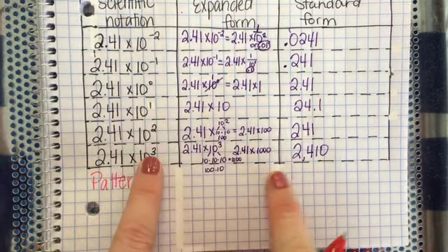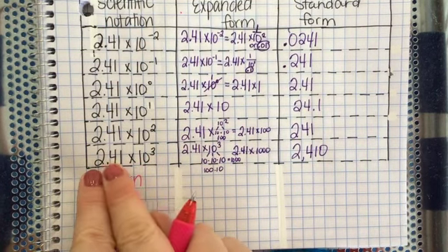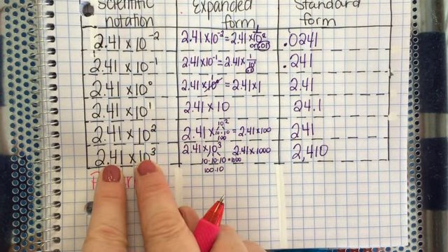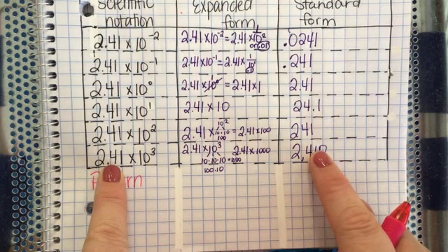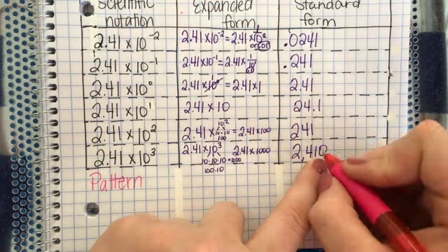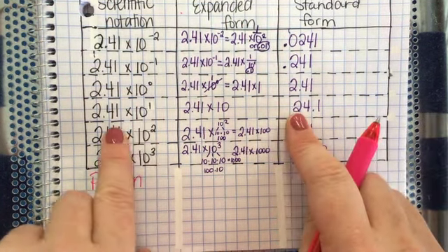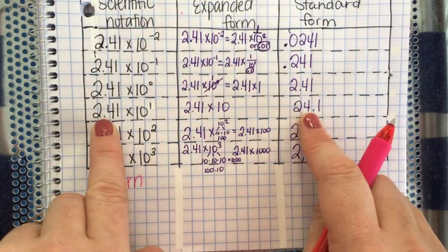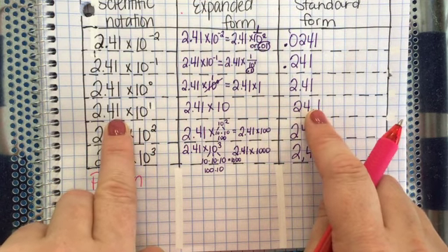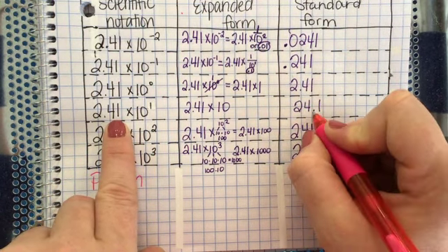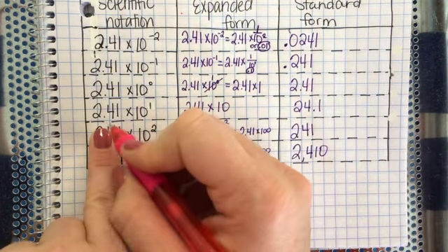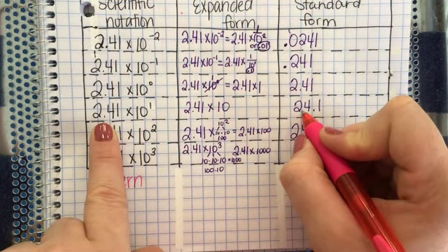So if you look here, let's start at 2.41 to 24.1. So if you look, the decimal is right here. Originally, it was between the 2 and the 4.